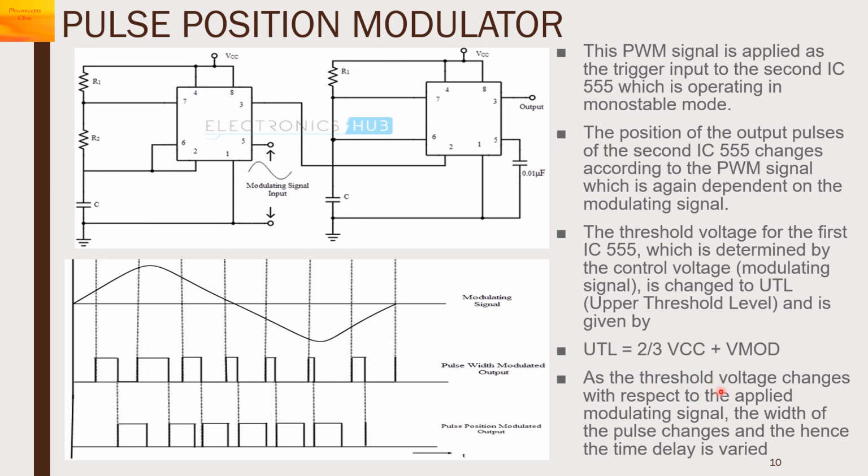As the threshold voltage changes with respect to the applied modulating signal, because V mod is changing, UTL will change, the width of the pulse will also change, and hence the time delay is varied.